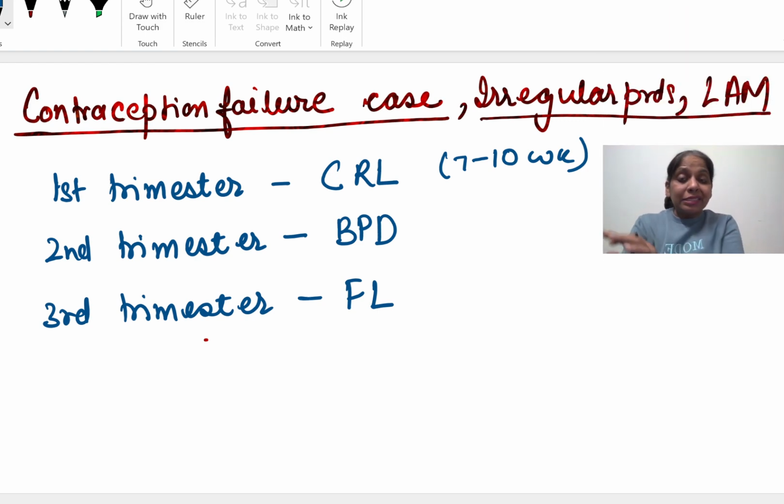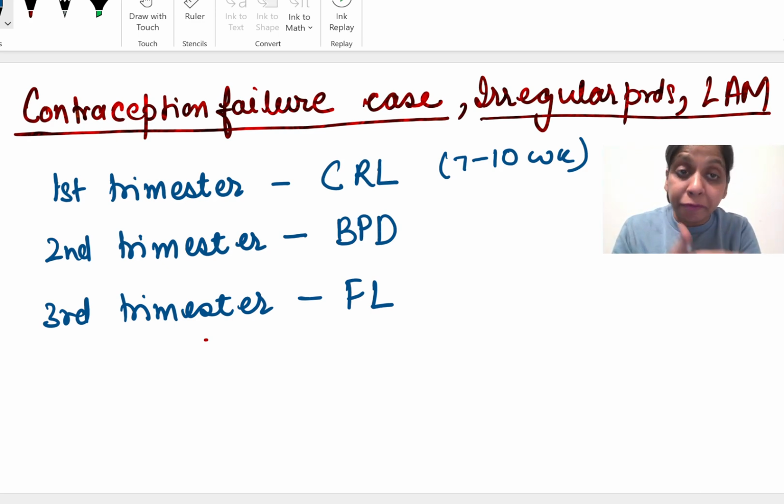Okay, so now let us see what will happen if the patient was using contraception, or the patient was a contraception failure case, or the patient is having irregular periods, or the patient conceived in lactational amenorrhea. In all these conditions we don't know when the ovulation has occurred, right?